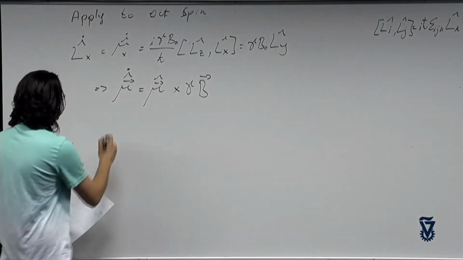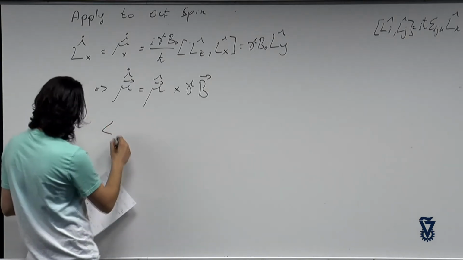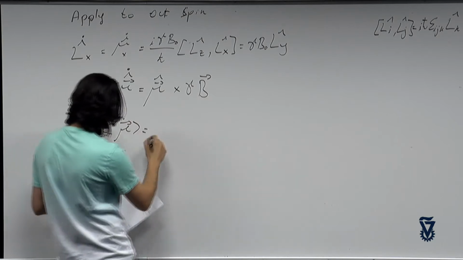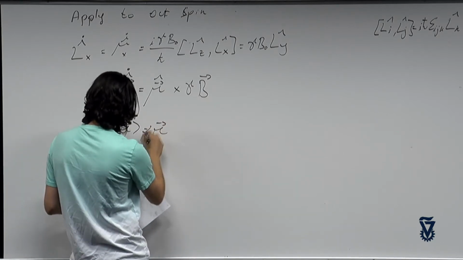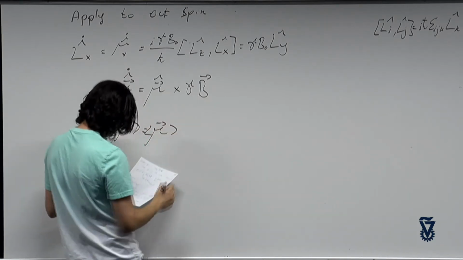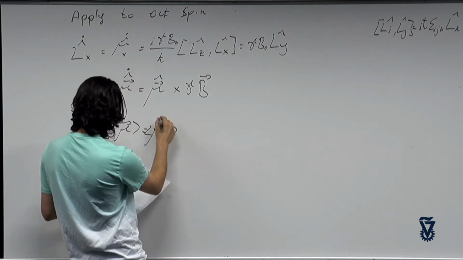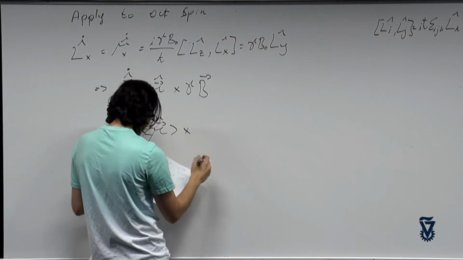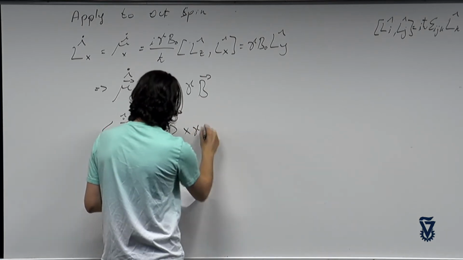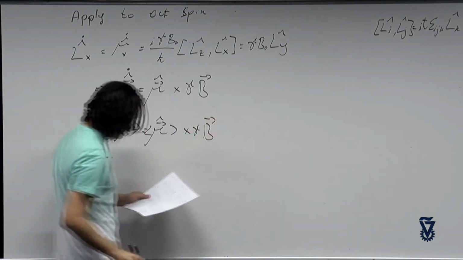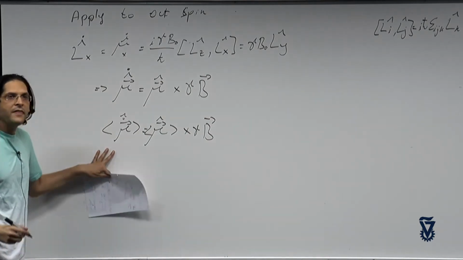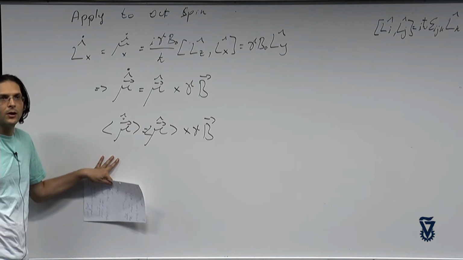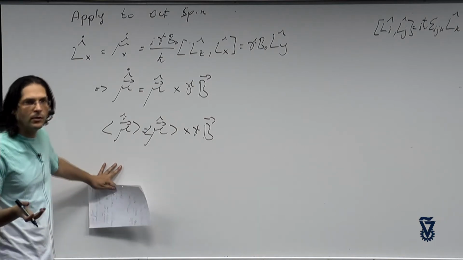And if we now look at the expectation values, then we just get mu dot equals the average of mu, and I'll put a hat for operator here, cross gamma b. And these are the dynamics that we got for a classical magnetic moment in a classical magnetic field.